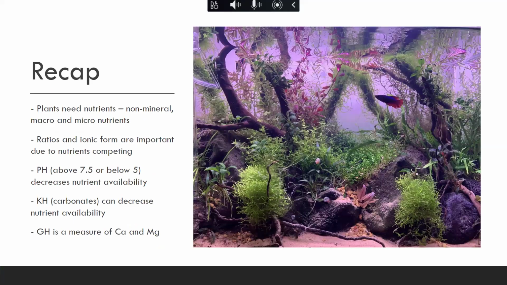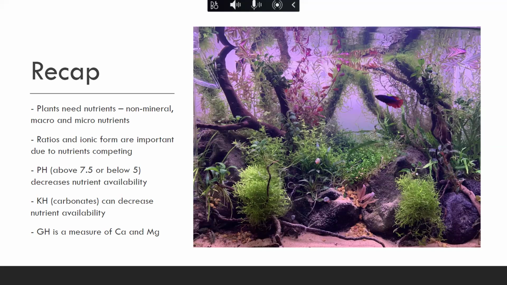All right, so where is our recap? This was the first objective in understanding: what do plants need and why? So plants need nutrients, the non-mineral ones like carbon, etc., macronutrients and micronutrients.